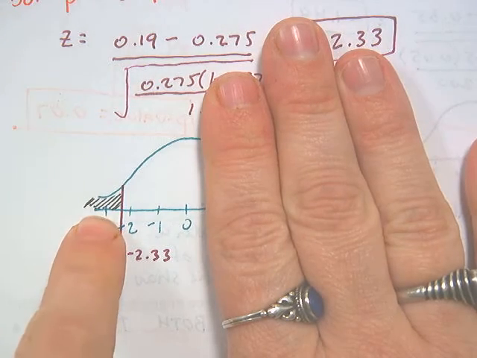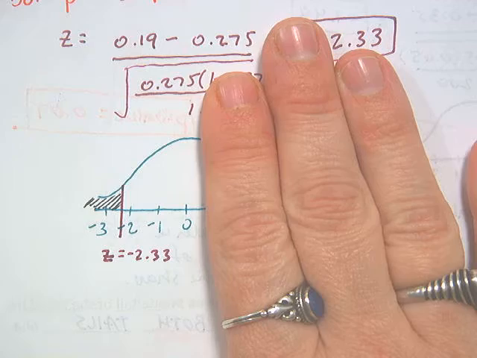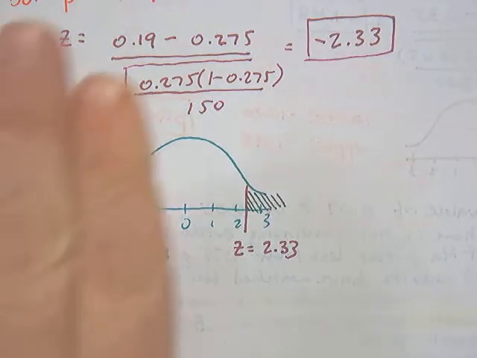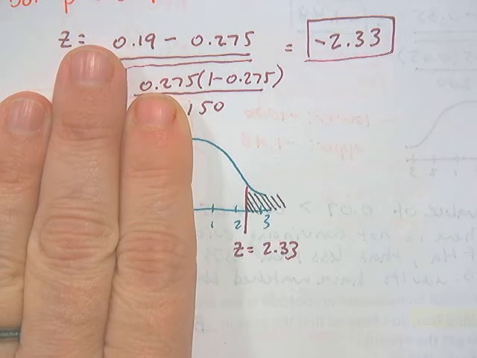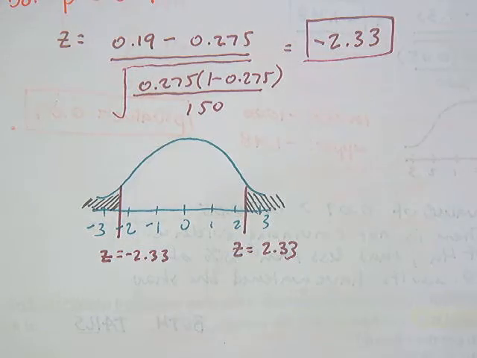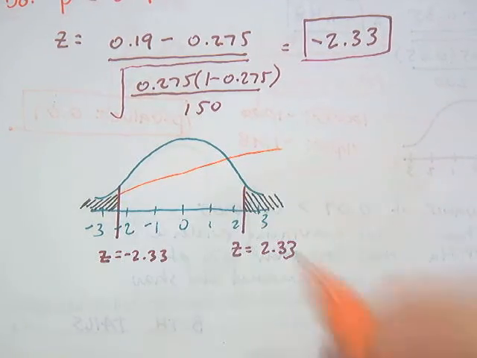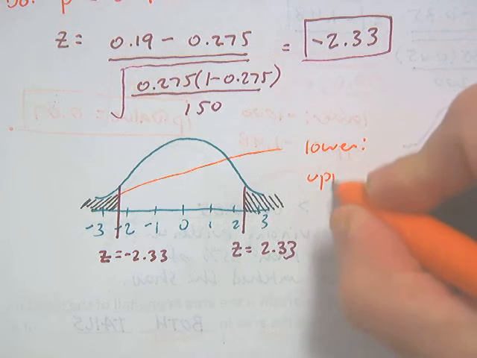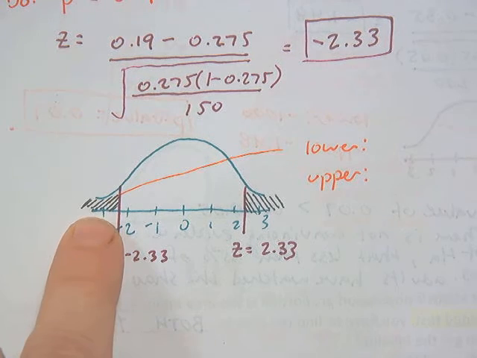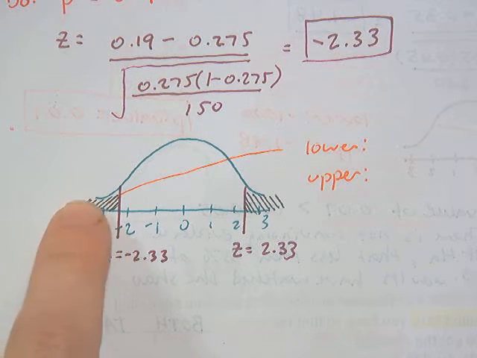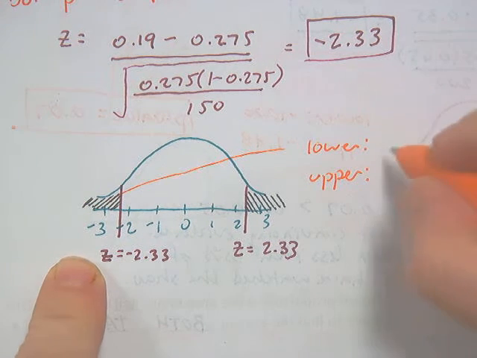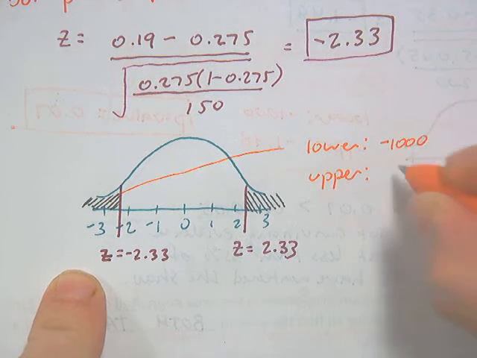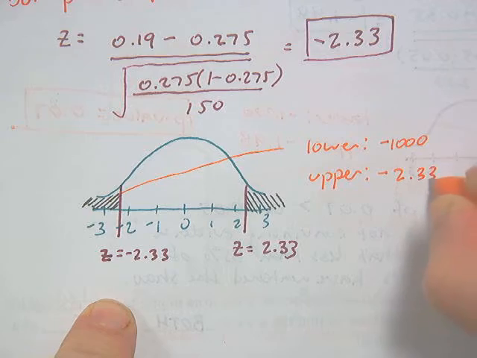So listen, you have choices. You can find this tail and double it. Or you can find this tail and double it. It does not matter. But just think about what you're doing. I don't know why, but I always just find the left one. And the more consistent you are, the less likely it is you're going to mess up. So if I always find the left tail, my lower is negative 1,000, my upper is my z-value.